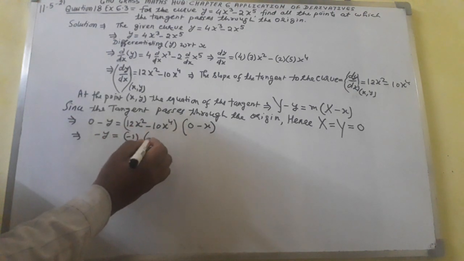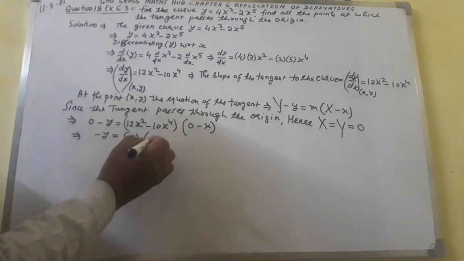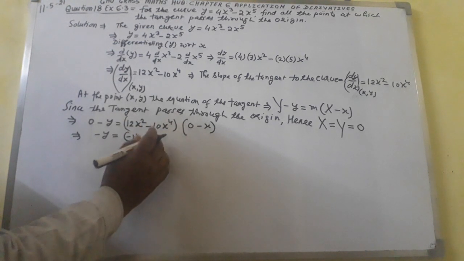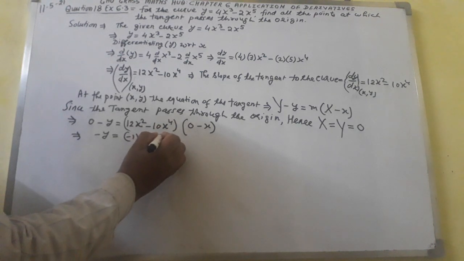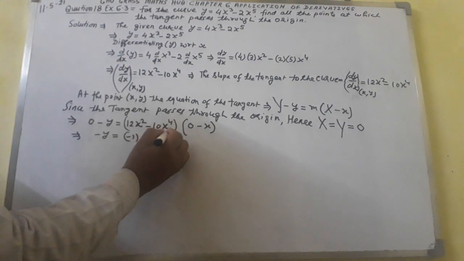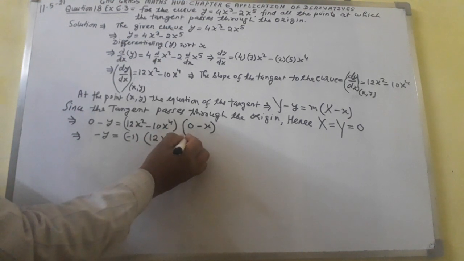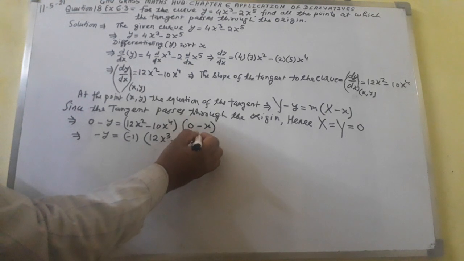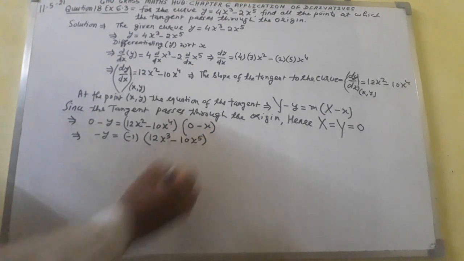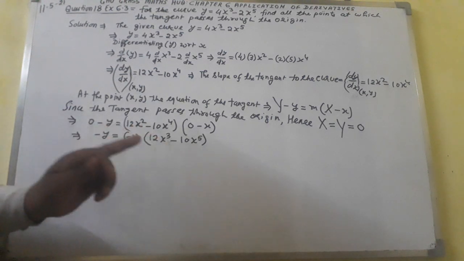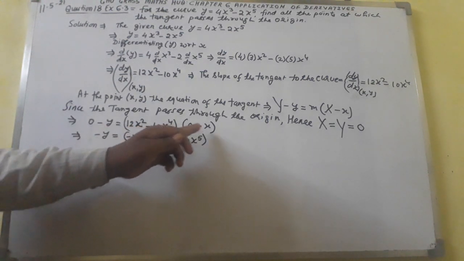In bracket we shall get x multiplied by 12x square, so here we shall get 12x cube minus 10x raised to the power 5.